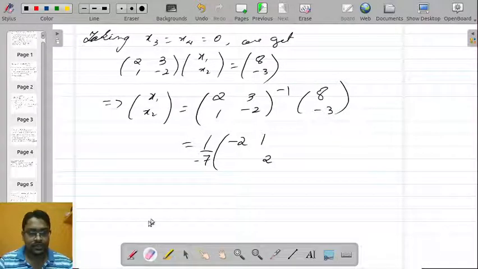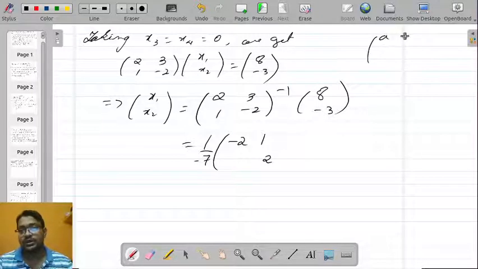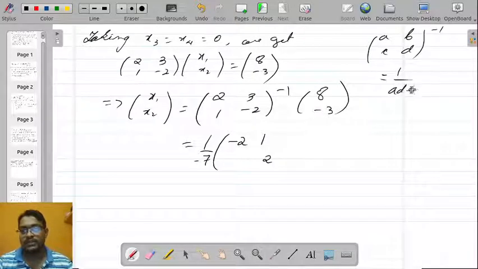In general, what is the inverse of the matrix with entries a b c d? It is 1 divided by ad minus bc, and then the cofactor of a is d, the cofactor of d is a, and the cofactor of b is minus c.